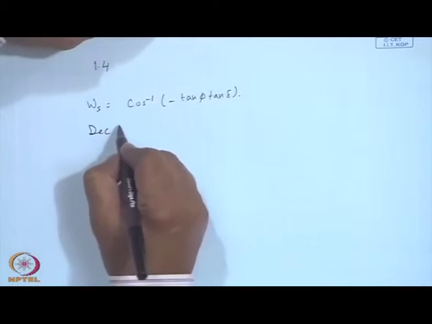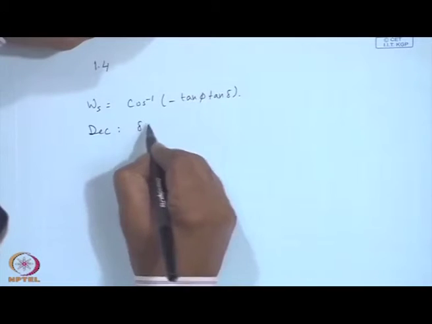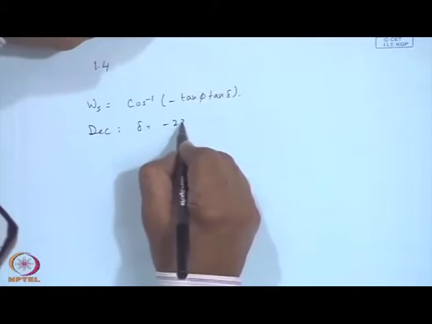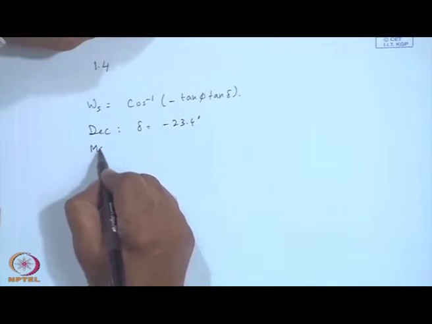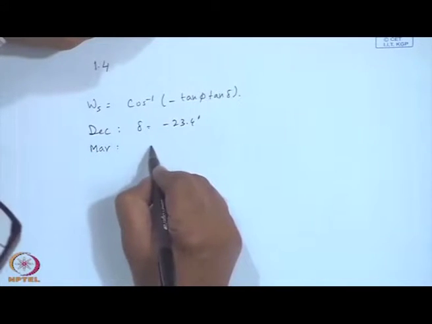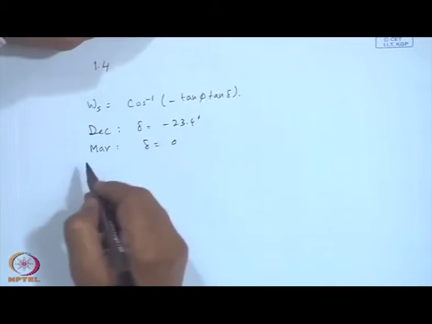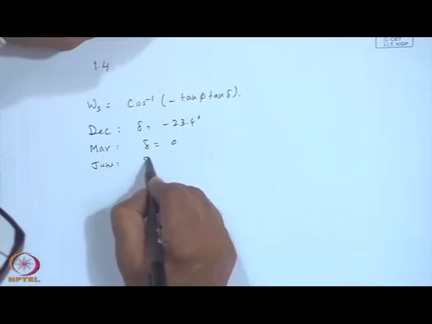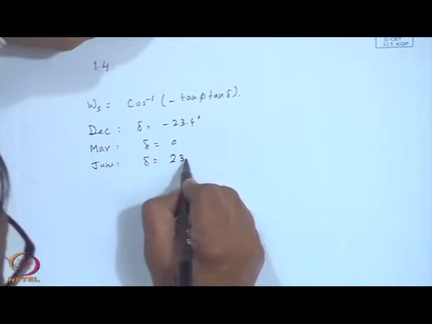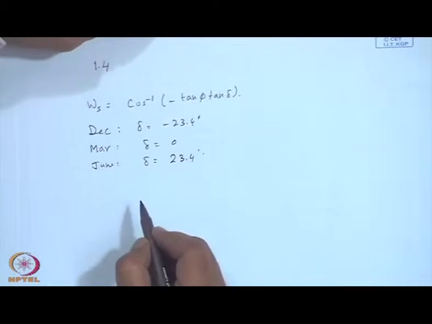So, I will specify December delta as minus 23.4 degrees, and March, as equinoctial day, is 0, and June delta plus 23.4 degrees.